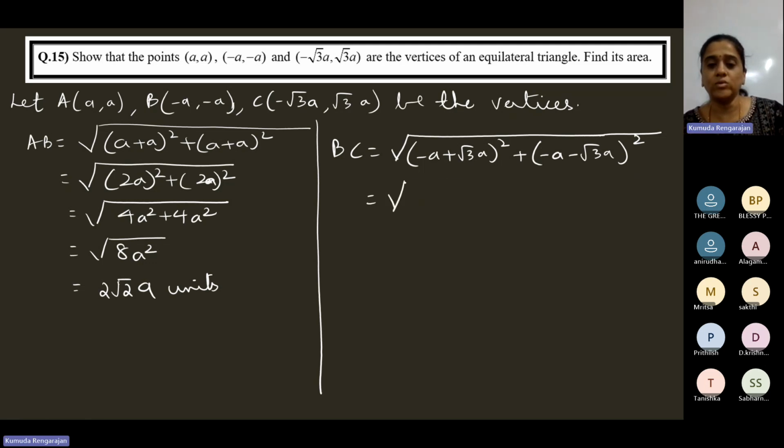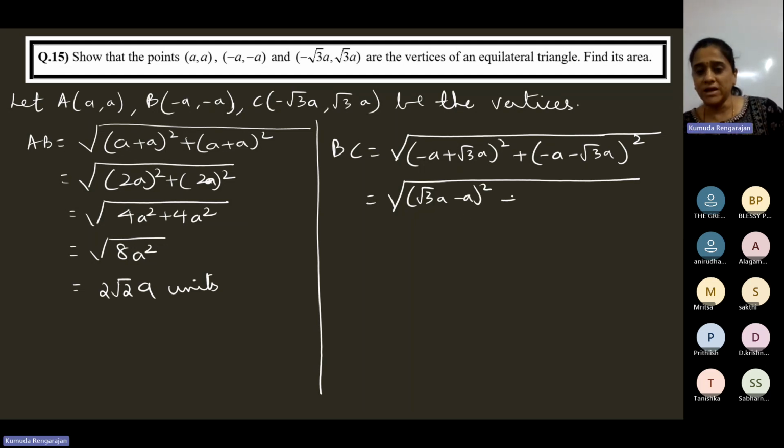Listen to this. So square root of, this can be written as root 3a minus a the whole square, right? Plus, here what you can do is, see here, please look at this, correct? Now between these two, can I take minus common? Then can I write a plus root 3a like this? See that whole square I've put, okay? Now minus a minus root 3a, I'm taking minus common.